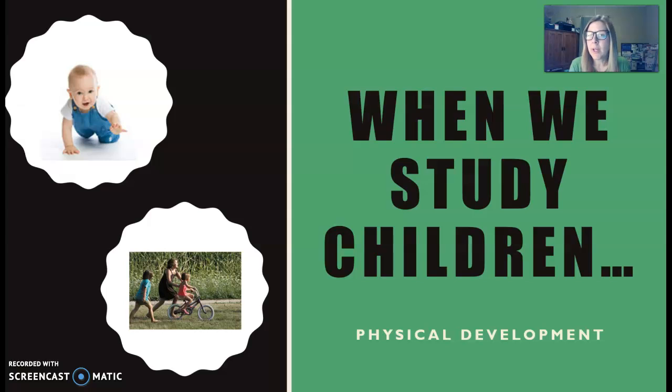Which is more likely to take place first? Not very first, like as soon as they come home from the hospital, as soon as they're born. But the picture on the top is more likely to take place, physical development, before they can walk and run.